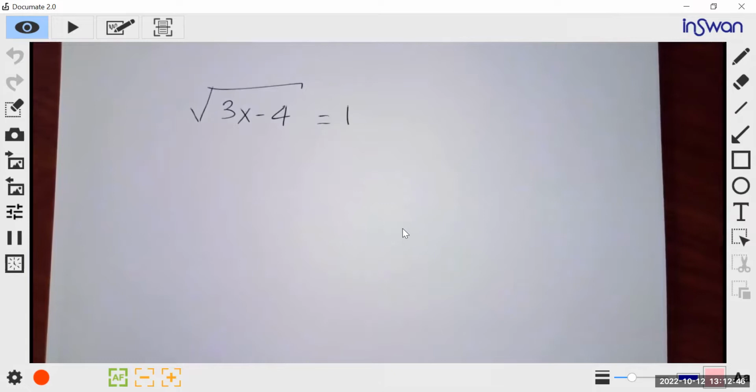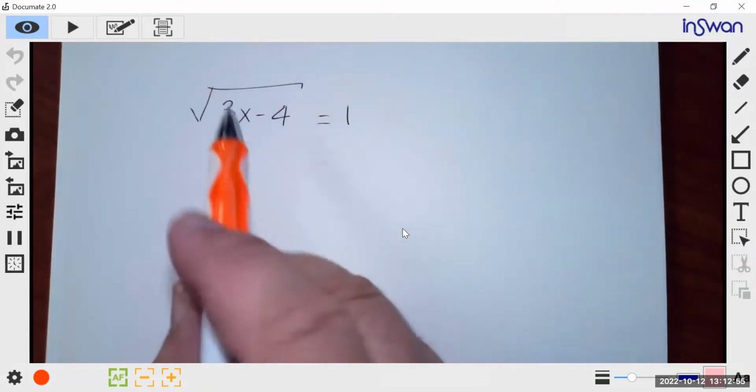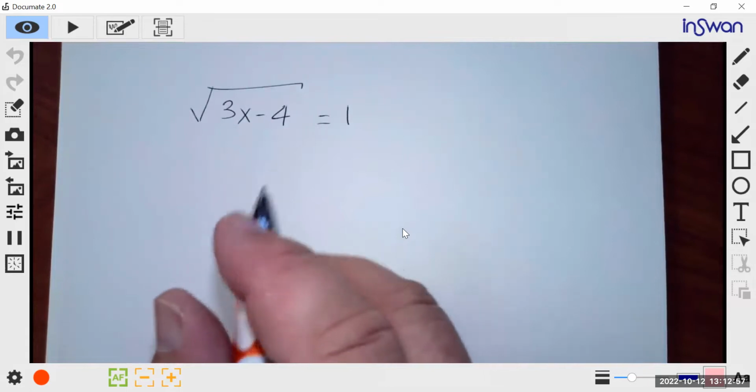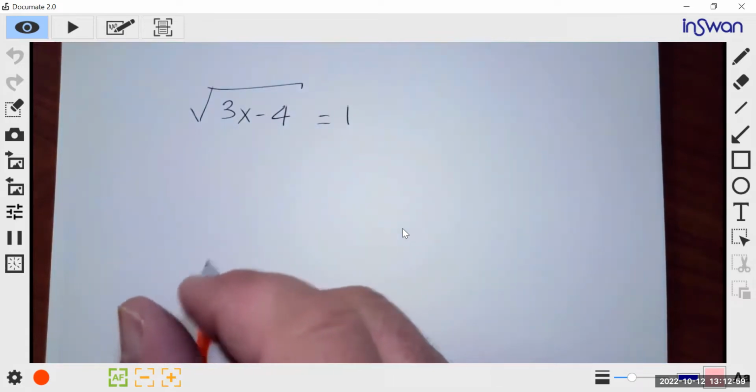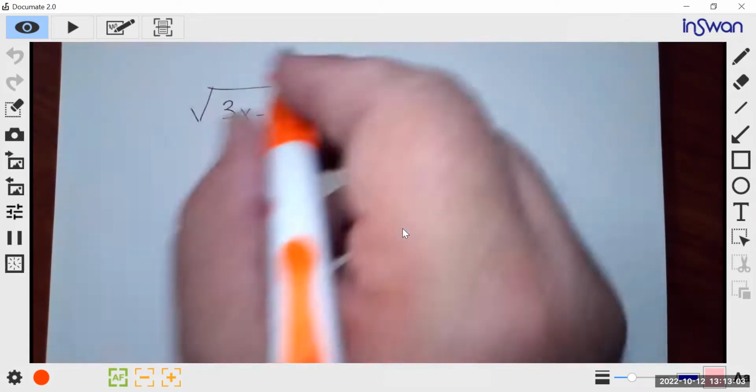You're trying to solve for x, right? So where's the x located? Inside the radical. Is the radical isolated by itself? Nothing else around it, in front of it, behind it, below it? So it's isolated. So we have to get rid of it. How do you get rid of it? Square both sides.